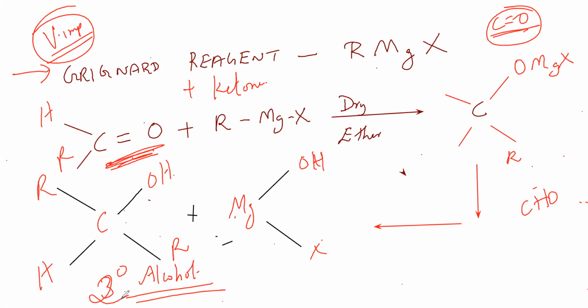And for the examination, intermediate reaction, even if you don't write, no problem. I'm not talking about your school examination, I'm talking about the board examination. In the answer key, they are not focused on the intermediate nor this MgOH. Grignard reagent plus ketone will give, I'll write on next page, very important.